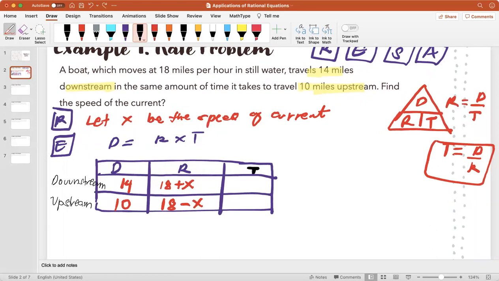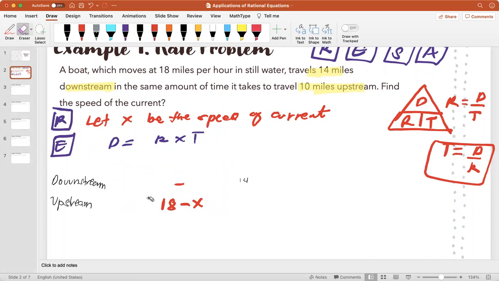So that would be 14 over 18 plus x. Okay, let me make the table bigger.